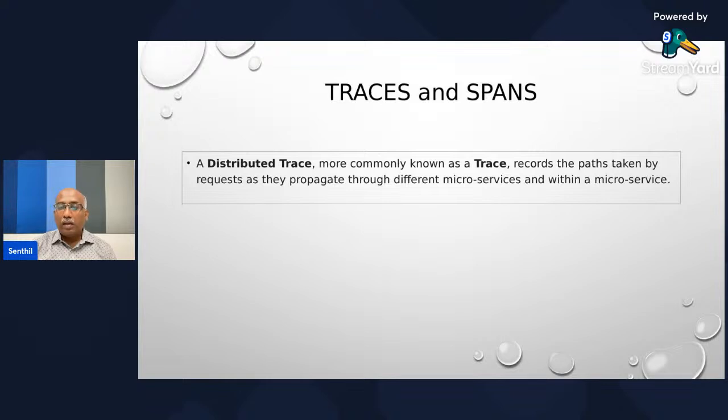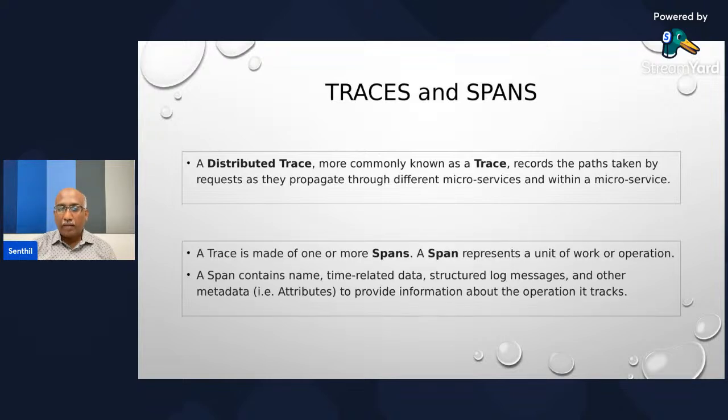And the next thing is span. A trace is, by the way, made of one or more spans, right? Fundamentally, it is spans that make up a complete trace. And by the way, what is a span? A span actually represents a unit of work or operation.